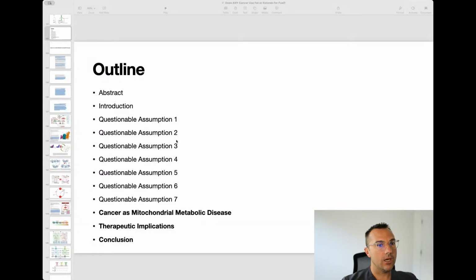And I think that we probably covered those pretty well. But what we did not cover yet is the last 3 subtopics within this new paper that was published: cancer as a mitochondrial metabolic disease, therapeutic implications, as well as their conclusions. So let's get into it.